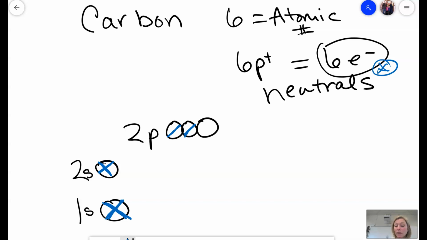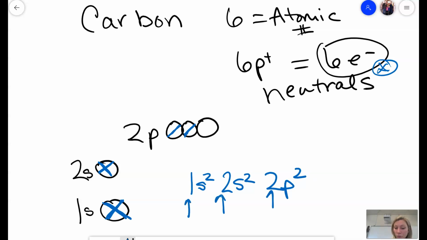So how I would write the address or the electron configuration would be 1s2, and there's 2 electrons, 2s2 with 2 electrons. In the 2p energy level, I only have 2 electrons, so I'm going to write a 2 there. 1, 2, 2, these are my energy levels.